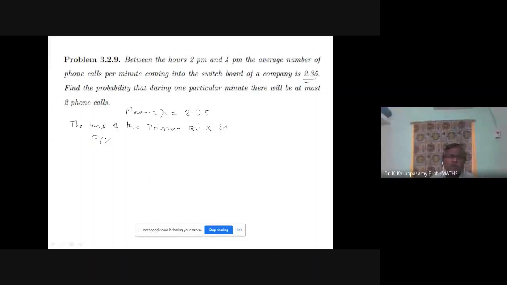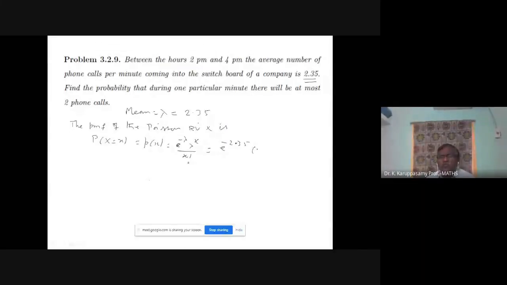Probability of X equal to x is p of x, e power minus lambda, lambda power x divided by x factorial. Here the lambda value is 2.35, so e power minus 2.35 into 2.35 power x divided by x factorial.